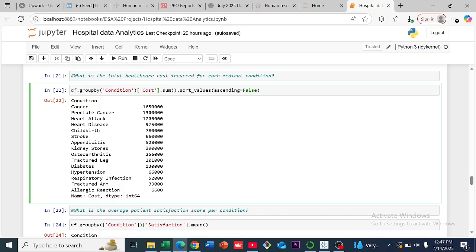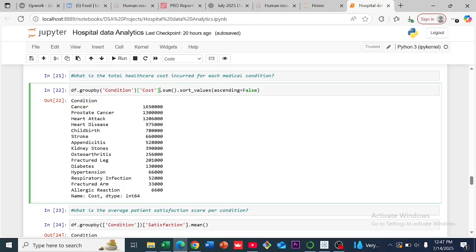So you can see conditions such as cancer have the highest amount of money being spent. For cancer we have $1,650,000. For prostate cancer we have $1,300. For heart attack we have $1,200.